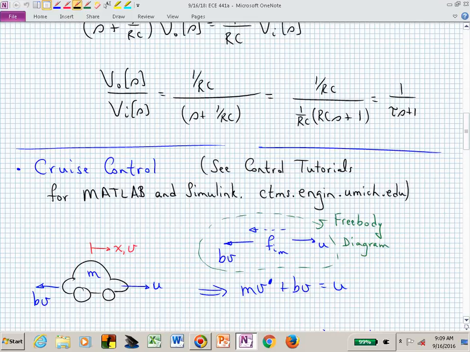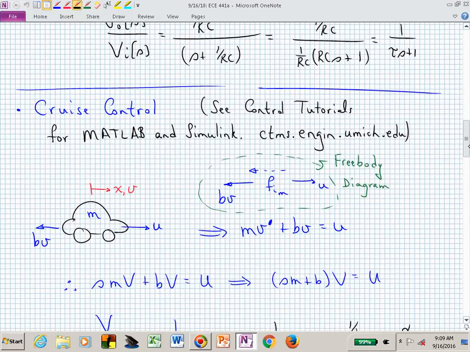In this case, we have m times the velocity's derivative, which is acceleration, ma, plus bv equaling the force moving that car forward. And I hope you see that that's a first order equation. We've now seen a first order equation in electrical terms and mechanical terms.